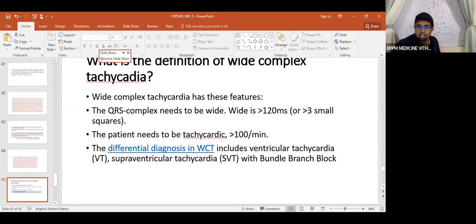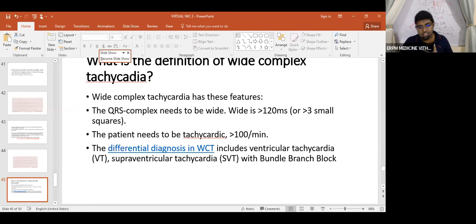What is wide? That is more than 120 millisecond, which is more than 3 small squares. That is wide complex.